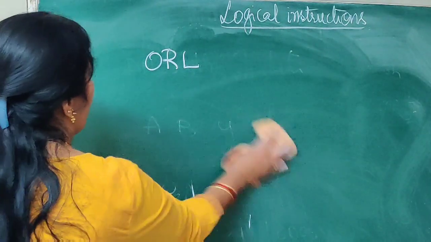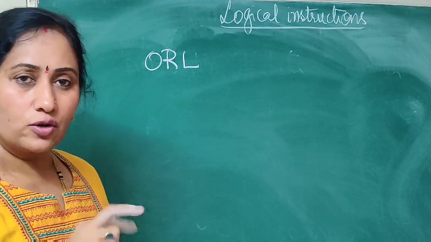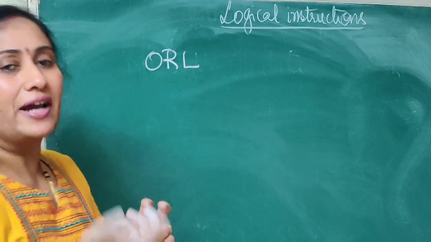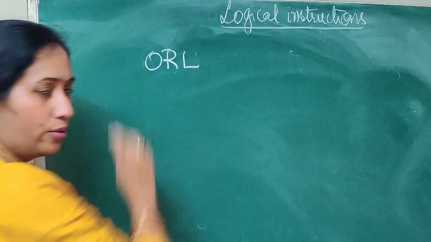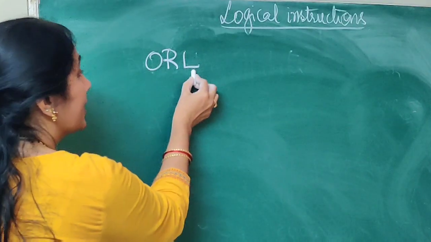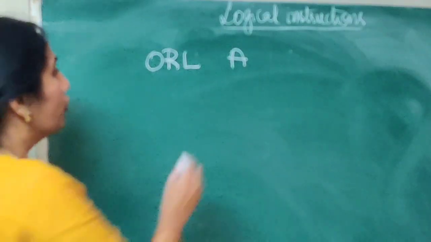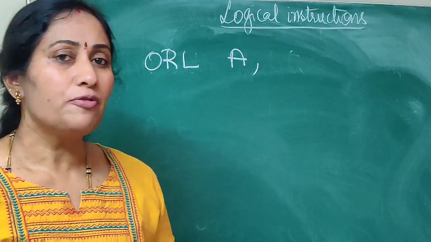Now, whatever we are going to explain, the operation is between the bytes only, but the OR operation is performed on each bit, and finally I am going to get the result. So ORL, or logically. Here in the place of the destination I am going to have the accumulator, and how I specify the source depends upon the 4 addressing modes.